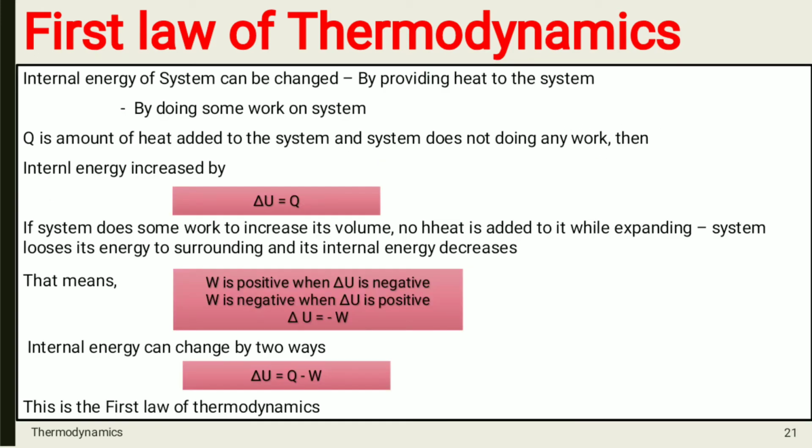So what will happen? Change in the internal energy of the system is equal to minus W. It is because the system loses its energy to the surrounding while doing some work. If the system loses its energy, its internal energy gets decreased, and due to this we have written here delta U is equal to minus W. Means when the system does some work on the surrounding, internal energy will decrease.